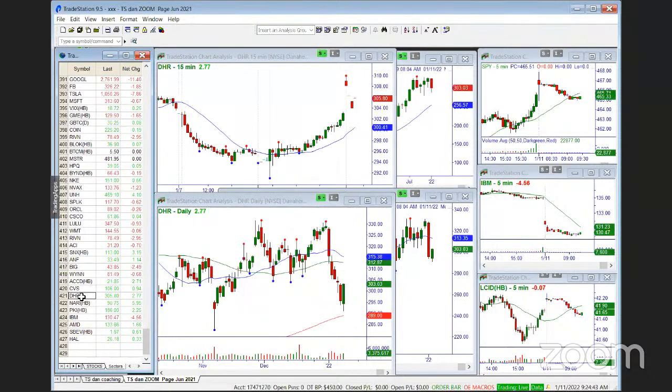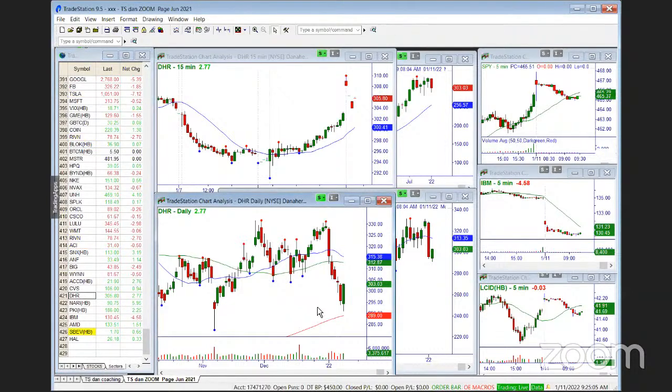DHR. Here's another one. That's what we call a buy setup at the 200 with a potent 180 reversal. That looks great. Can we put that in a window? DHR.